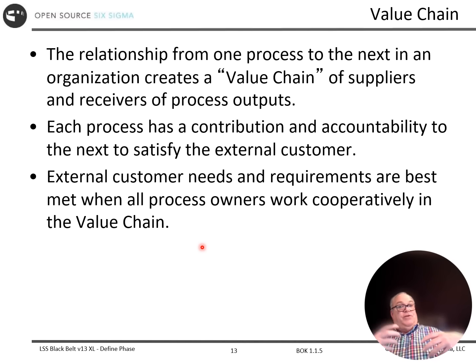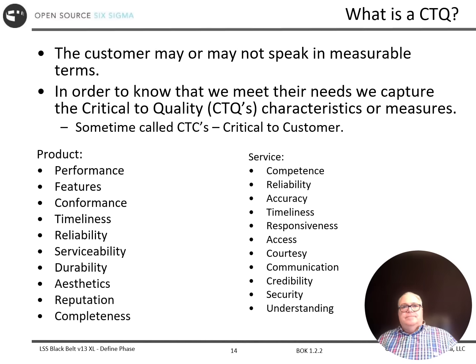We might eventually improve the value chain from beginning to end, but typically we're going to do it through a series of organized improvement efforts in order to make it go fast and for it to be successful. So what is a critical to quality characteristic?